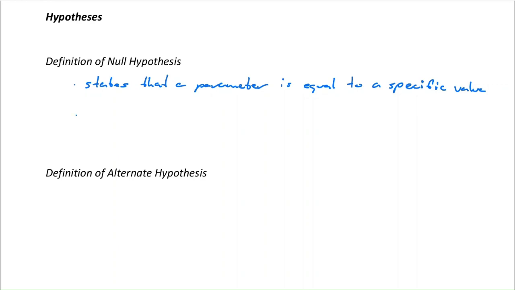The way that we write this symbolically is H sub 0 for null hypothesis. And then if it's a mean, for example, we'd say that the population mean mu is equal to some initial value. Or if it's a proportion, we might say that it is P equals some initial value related to the population. Okay.